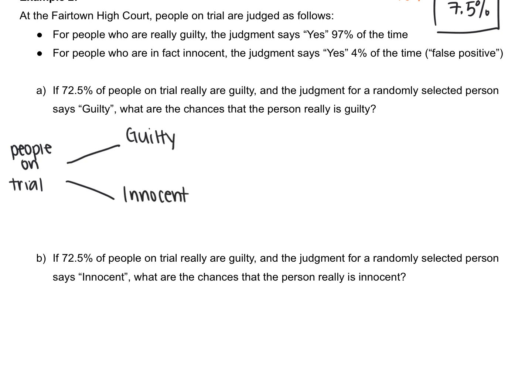And we know that people are found guilty 72.5% of the time, so that's 0.725, which means people are found innocent 27.5% of the time, which is 0.275. Okay. From guilty and innocent, we have two more branches. You really are guilty, or you're not guilty.